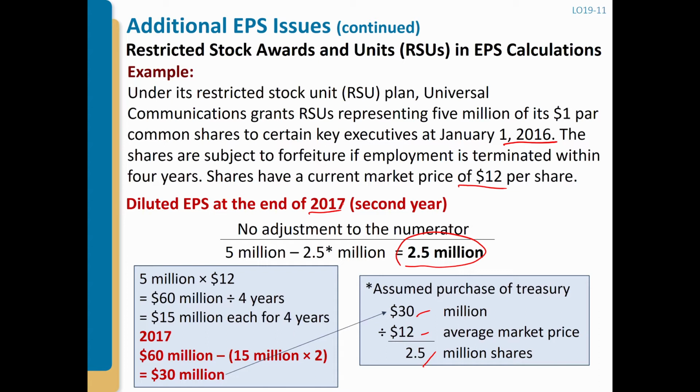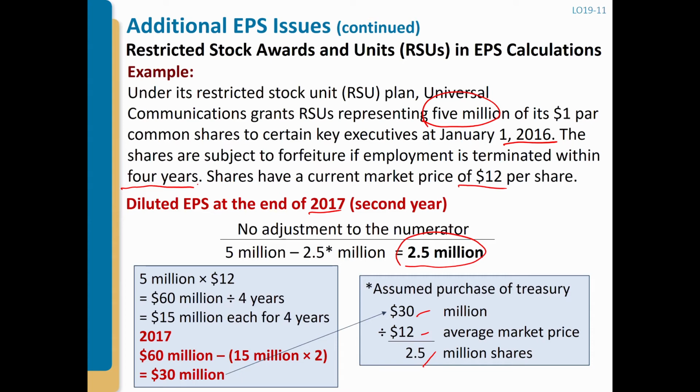So for the 5 million total shares, we don't consider any shares that may have been vested in 2016? Like that doesn't decrease the total amount? No, those shares will be vested in 4 years, by the end of 2019.